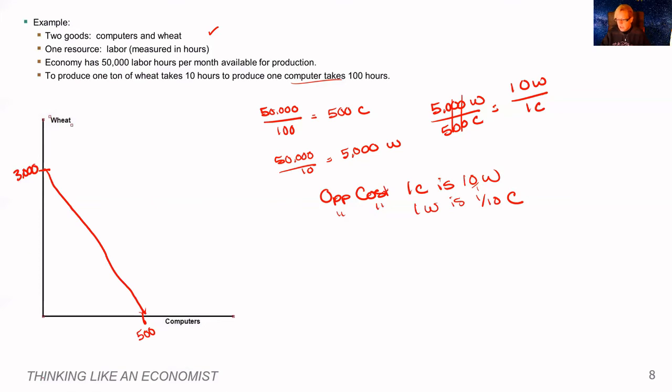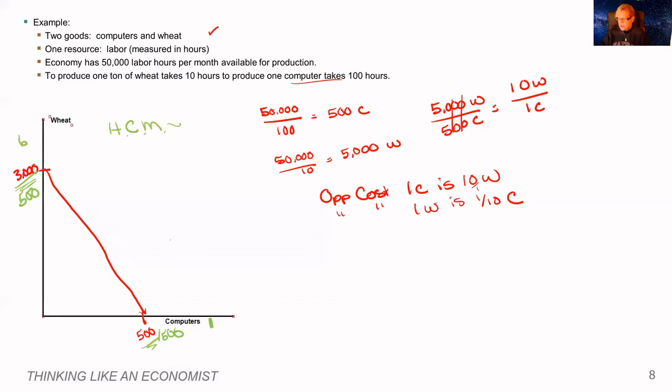So I'm going to look at my endpoints, and that's the first thing I'm going to do. I have 3,000 wheat, I have 500 computers. What is the highest common multiple? I know that's weird because we don't think in those terms, but what's the biggest number that'll go into both evenly? 500 goes into 500 once, so I'm going to put a 1 there for computers. 500 goes into 3,000 how about 6 times?